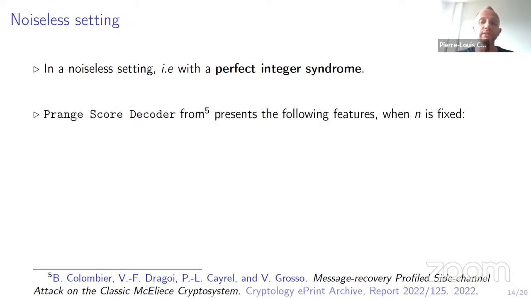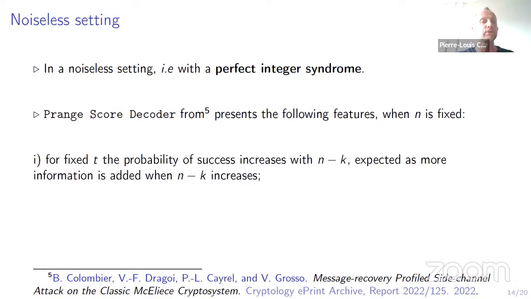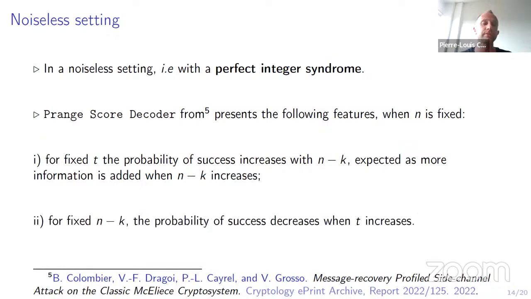If we fix the value of n, which is the length of the code, for a fixed t, the probability of success increases with n minus k, as more information is added when n minus k increases. I will show you this in the next graph. And for fixed n minus k, the probability of success decreases when t increases.